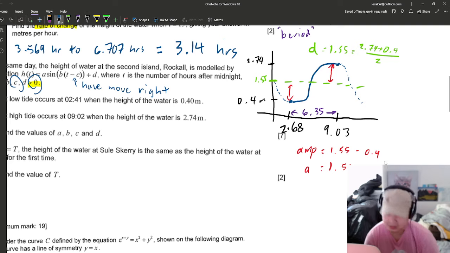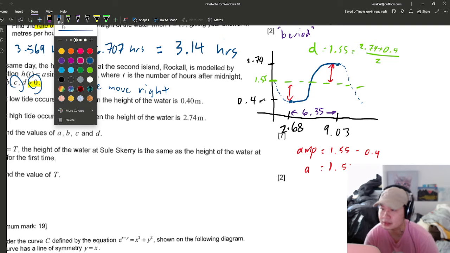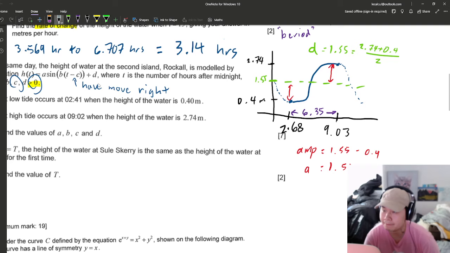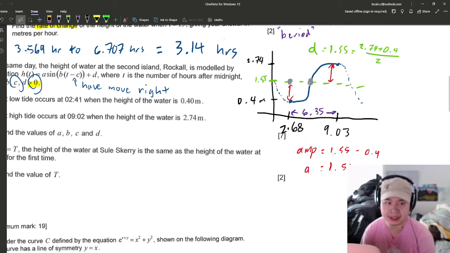So because of how symmetric waves are, oh my god, this diagram's gonna get very colorful. Let's see. Let's do light gray. The distance between the low tide and the water being at center line, this is a quarter of your period.